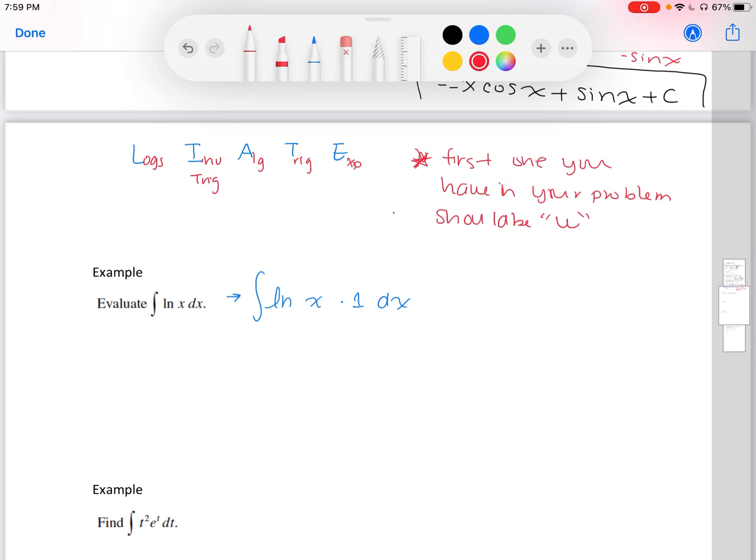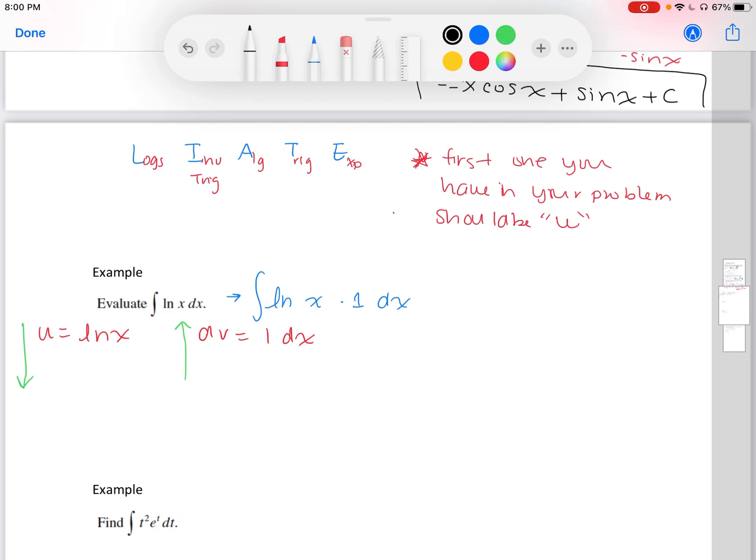For this one, we're going to let u be ln of x, and we're going to let dv be 1 dx.